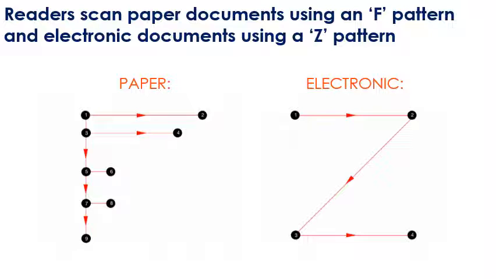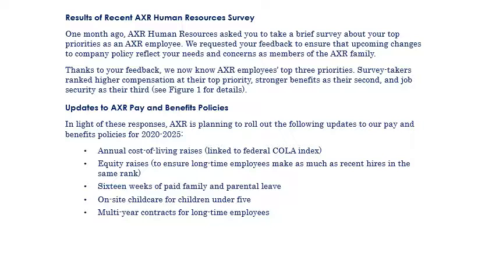They move across the document at the top of the page, and then they scan downward in a diagonal fashion, and they begin the process again, looking across the page once more before continuing to move down the page in that diagonal fashion. Now, how can we take advantage of this information on reader scanning behavior?